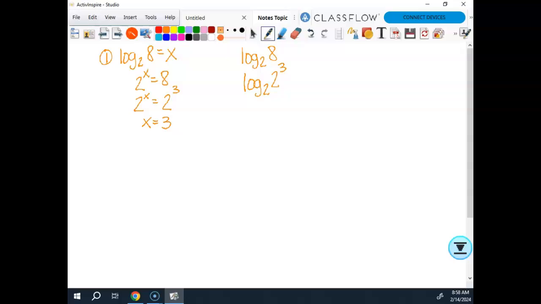Bring it out in front, right? So this would give me 3 times log base 2 of 2. And what is log base 2 of 2? 1. So that's 3 times 1, which is 3. Okay? So 2 totally separate ways to do it. They're both totally fine. It's good to know both because different things can come up at different times. Okay? We okay with that?